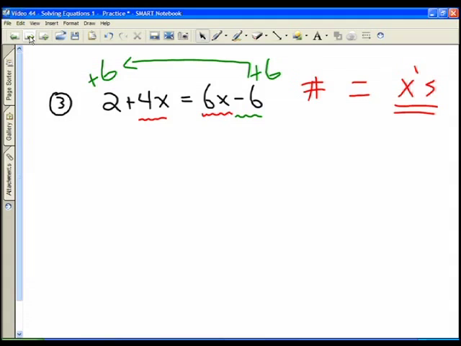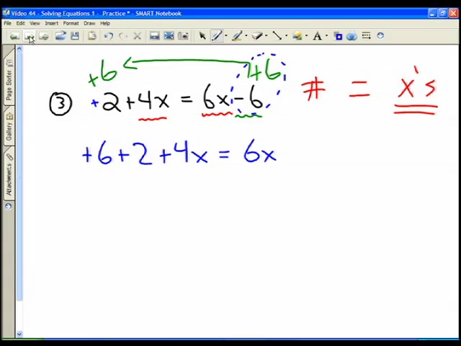And what I did just at the tail end of the last question, you see this part is always going to result in 0. So I'm not even going to write it on the right-hand side anymore, or the left side, wherever it appears. But now my left-hand side, I have +6 plus, remember when there's no sign in front, it's a plus, +6 plus 2 plus 4x is equal to 6x.